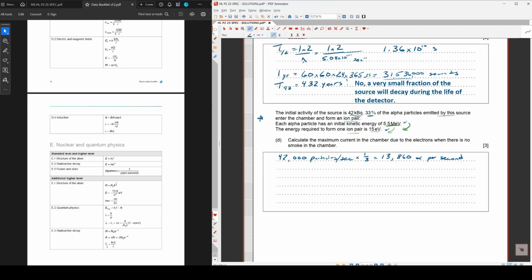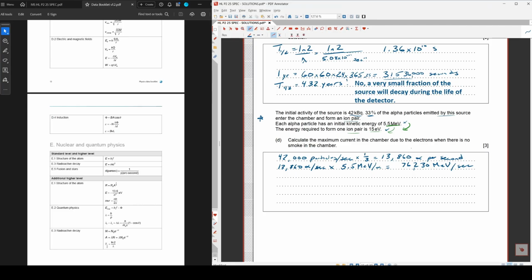Okay, there's that many alpha particles per second. Each one has this much energy, so let's multiply those. That many alpha particles per second times 5.5 mega electron volts per particle, I think gives me, what is it? 76,230 MeV per second.